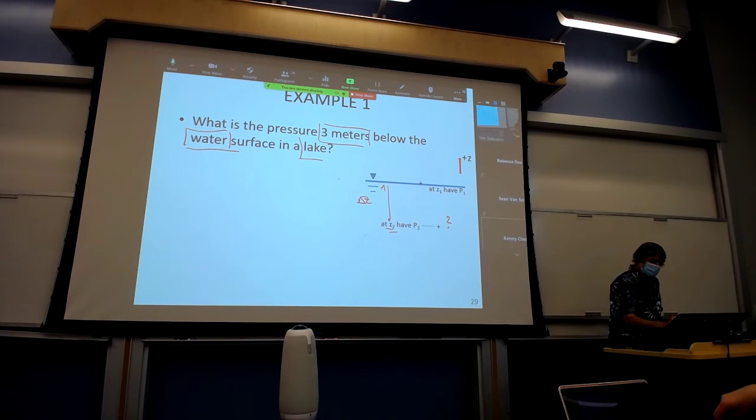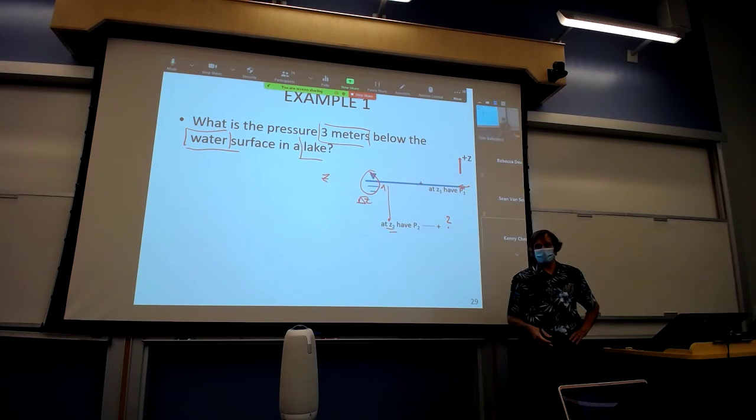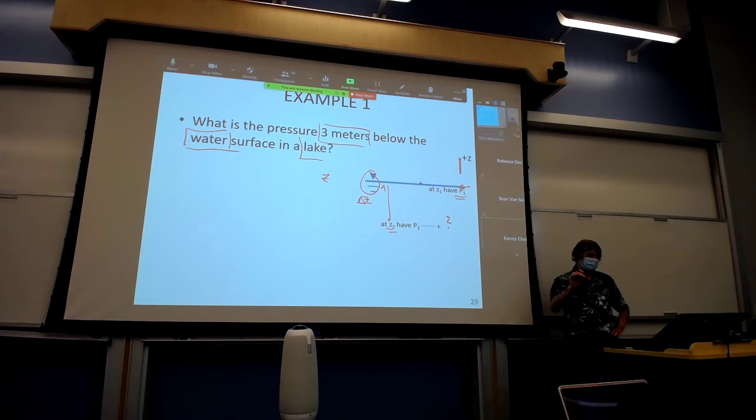And so if you identify this surface, let's look at this right here. This is a lake. It's on the surface of the earth. Is that a free surface? Sure. Atmospheric pressure above it. And so you know that you have atmospheric pressure, and again, in a gauge pressure datum, atmospheric pressure is 0.